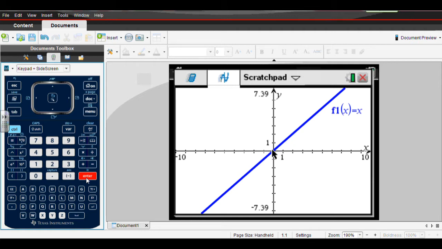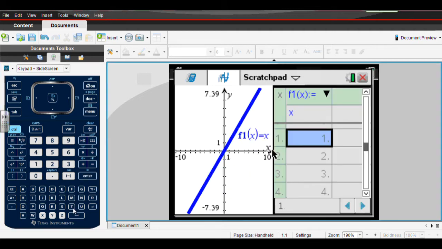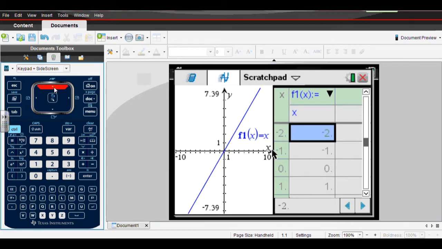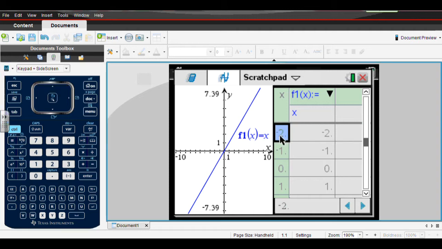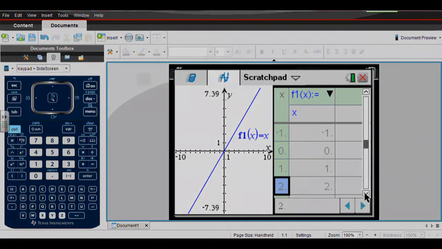So I can go to the table, Control T, and I can look and see what my y-coordinates are going to be. So at an x value of -2, its y was -2. At -1, we have another -1. 0 is 0. 1 is 1. And 2 is 2.